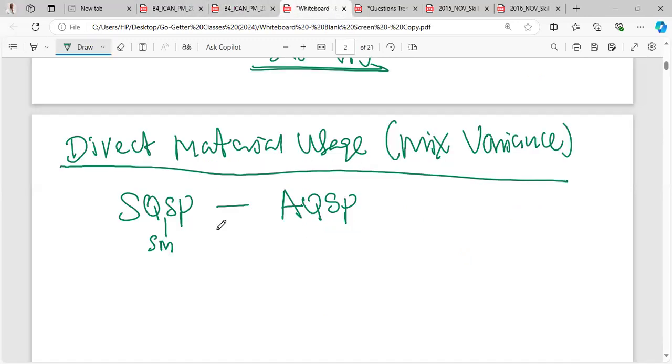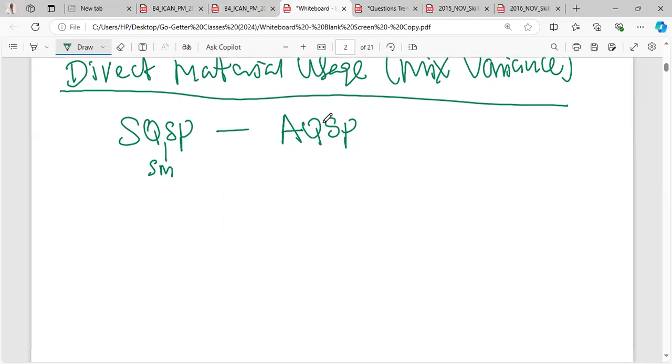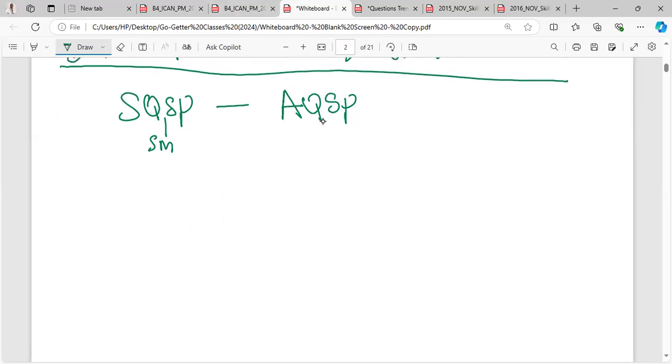You use the standard mix here for your standard quantity, standard price. For mix variance, you use the standard mix. For yield variance, you will use the actual mix. So this is what we mean.